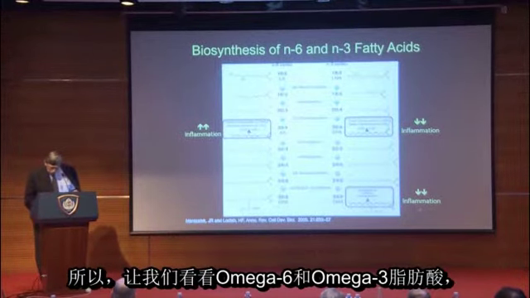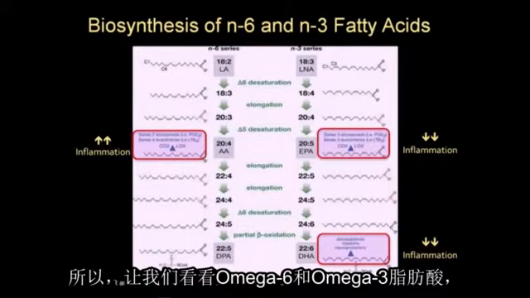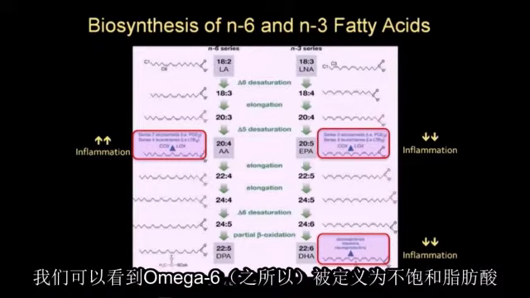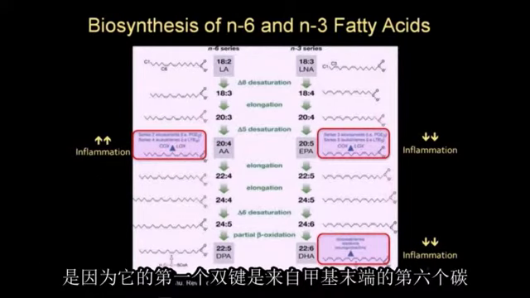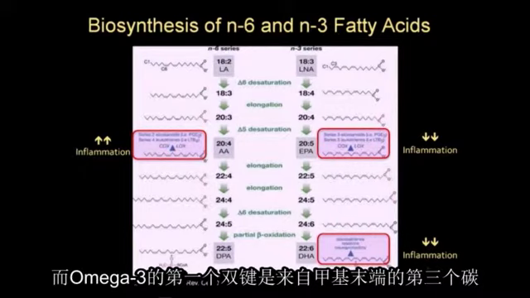So if we look at the omega-6 and the omega-3 fatty acids, we can see the omega-6 are defined as fatty acids in which the first double bond is 6 carbons from the methyl terminal, and the omega-3 are the first double bond is 3 carbons from the methyl terminal.